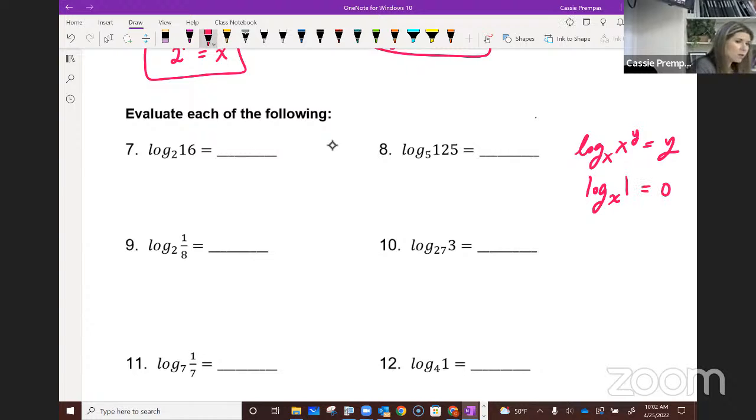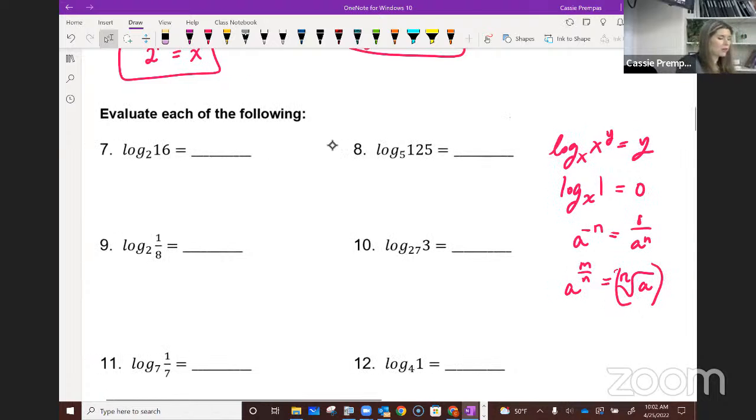And then some rules that we've had to review along the way is that any number to a negative exponent puts the number under 1. And there was another helpful rule to make note of. If you had it to a fraction, that was actually a radical in disguise. These were learned back in chapter P, but they're helpful for evaluating certain log expressions.